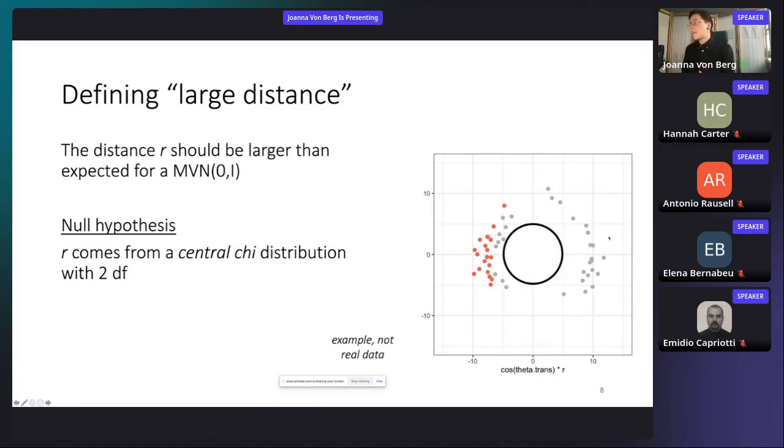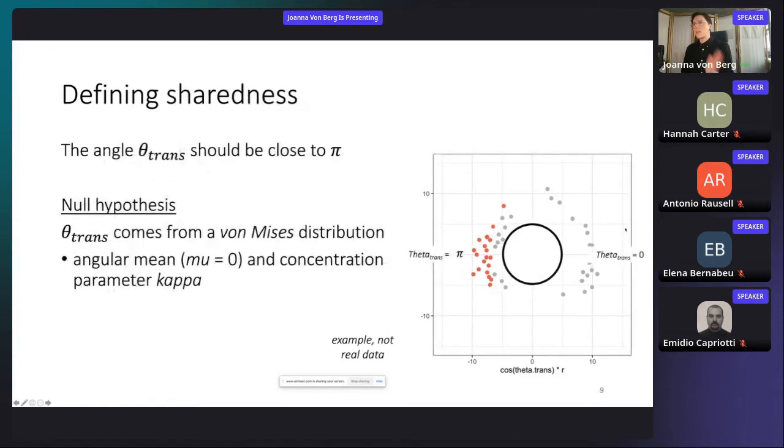And then with the remaining steps, we look at the value of the angle that we calculated. The fourfold transform of the angle, theta trans, is close to pi for the shared SNPs after this fourfold transform. The null hypothesis is then that this angle is equal to 0.